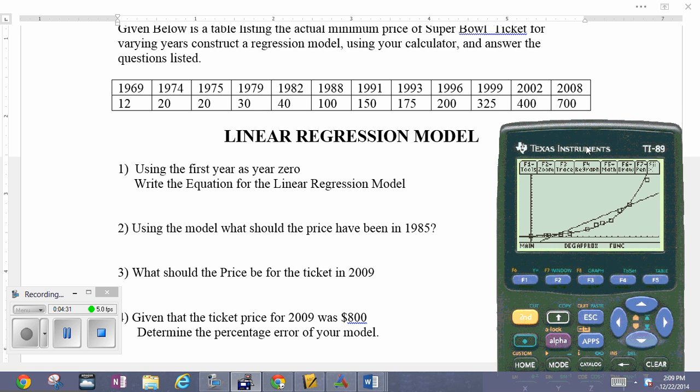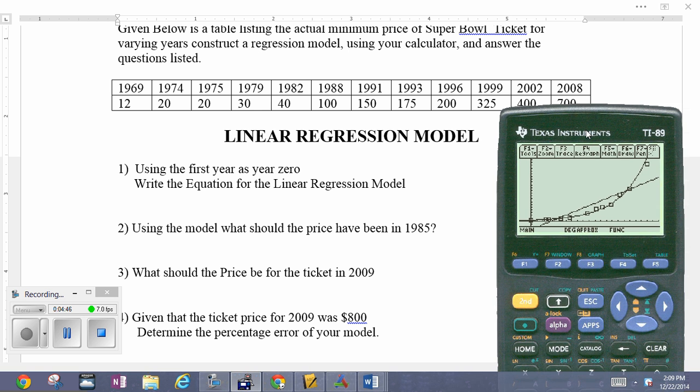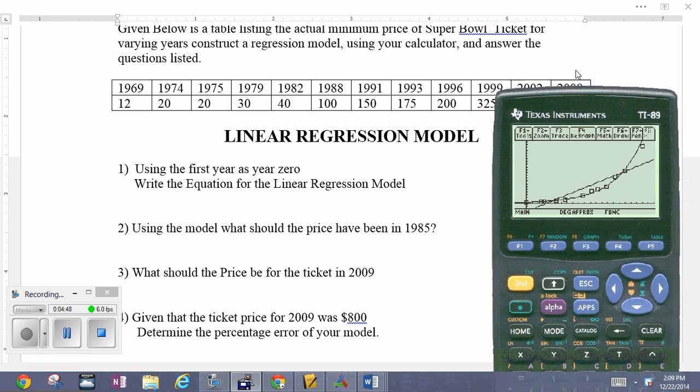According to this, our year 2009 should be our 40th year, and we can use that for predictive purposes.